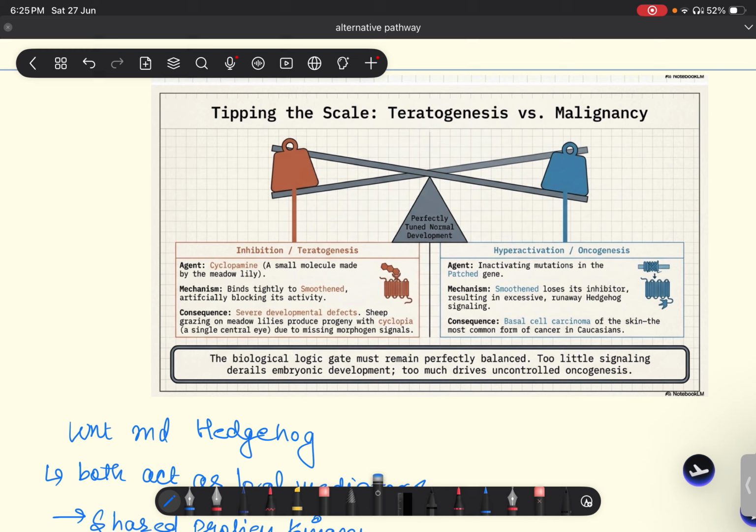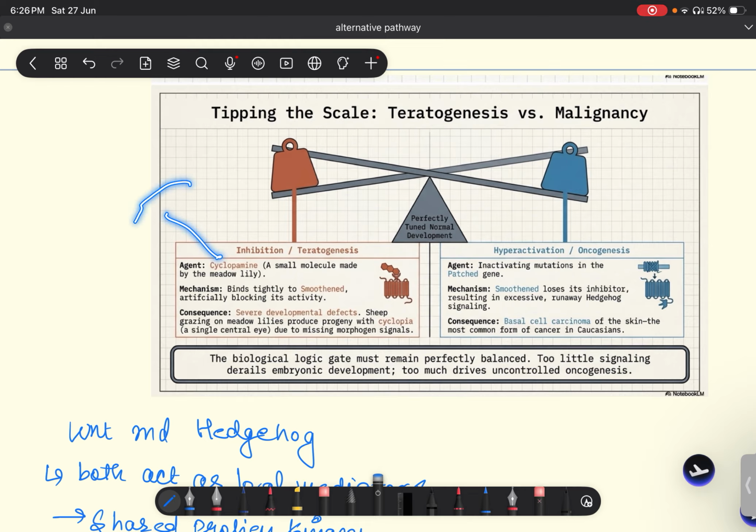We have a very potent compound, which is cyclopamine. It is a very small molecule found in the plant meadow lily. So what happens is that the sheep which were grazing on the meadow lily produced progeny with cyclopia, meaning a single eye, due to missing morphogen signals.